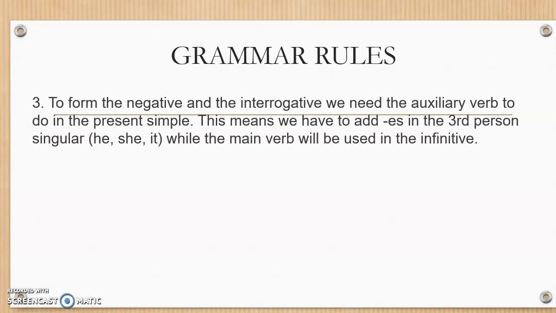To form the negative and the interrogative, we need the auxiliary verb to do in the simple present. This means we have to add es in the third person singular, he, she, it, while the main verb is used in the infinitive.